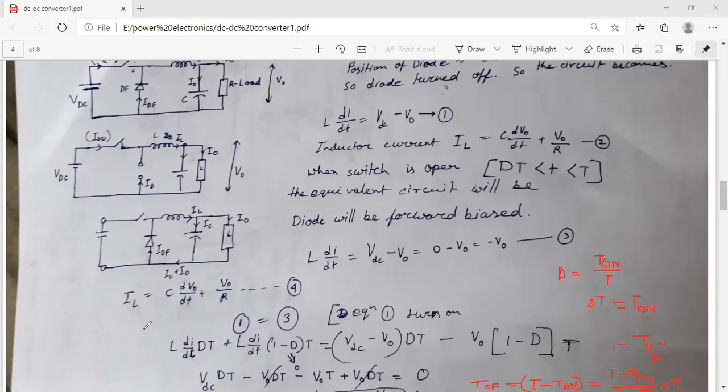Okay, so we are multiplying both sides with t on plus t off. That is, equation 1 equal to equation 3. So what we are doing?